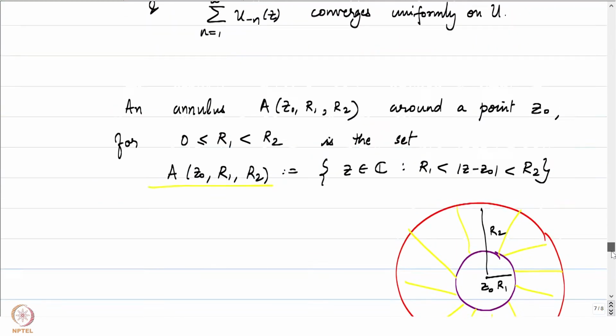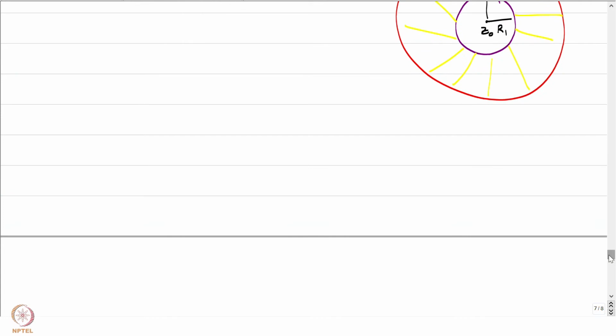Okay. We now have all the ingredients to talk about the Laurent series development around, or in, an annulus. Let me just describe the theorem for you first. Laurent series expansion. Let us pick a function f which is holomorphic on one such annulus.